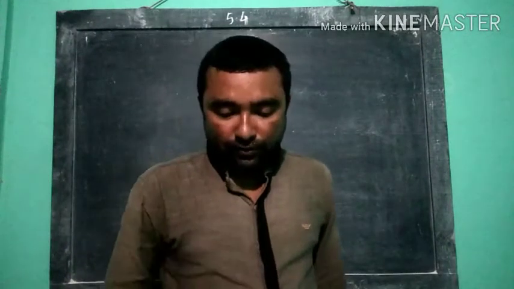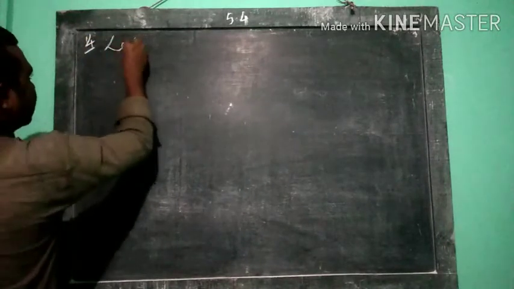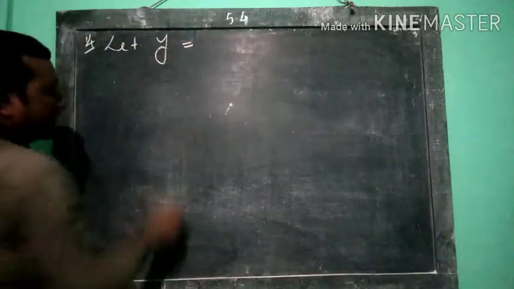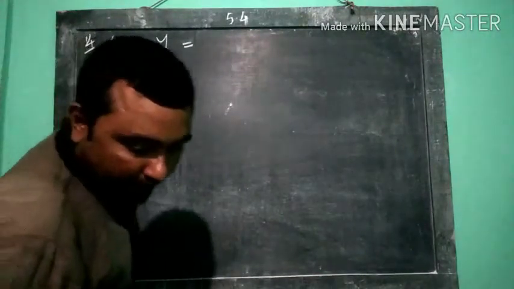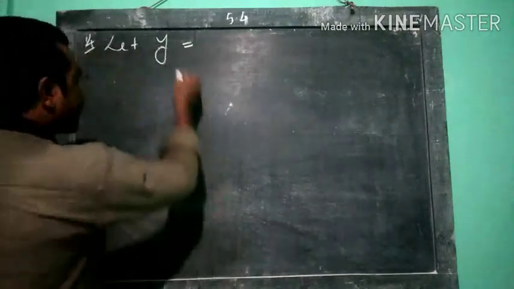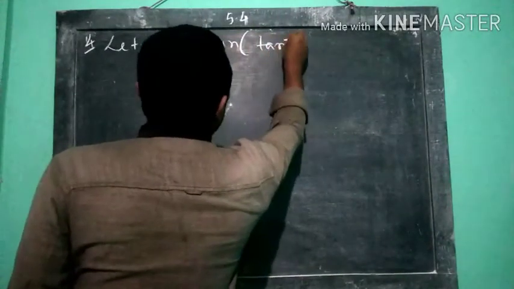Now we are going to solve question number 4. It is given that y equals sine of tan inverse of e to the power minus x.